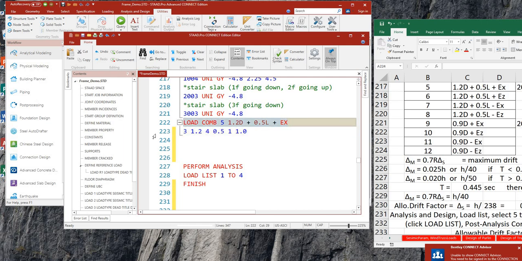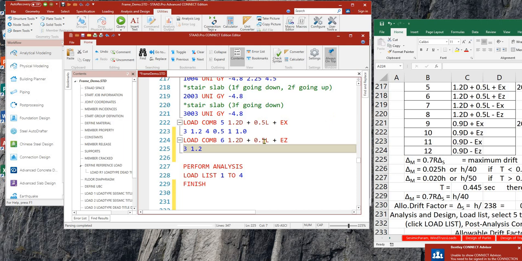Next, let's do load combination number 6. So, I will copy this and change this to 6. The difference in 6 is that the last part will be easy. First is the load number. The dead is 3. The factor is 1.2.